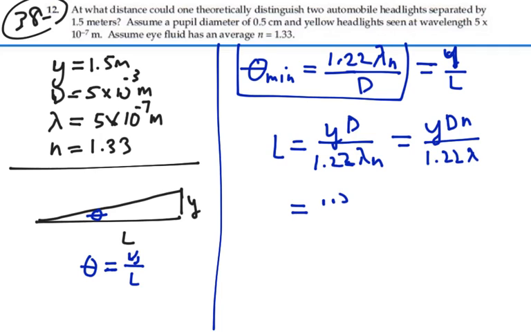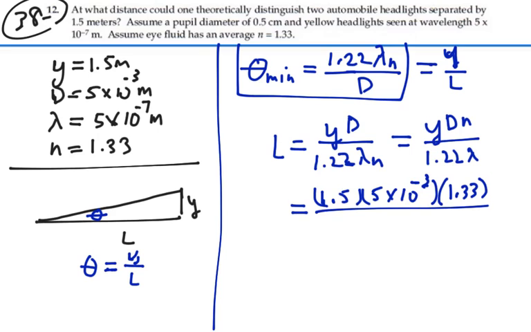So that is going to be equal to 1.5 meters times the diameter of the pupil, 5 times 10 to the minus 3, times n, 1.33, over 1.22 times the wavelength of the light, 5 times 10 to the minus 7.